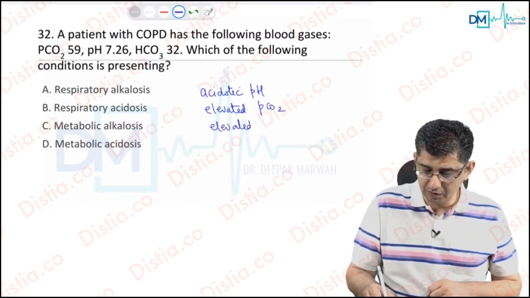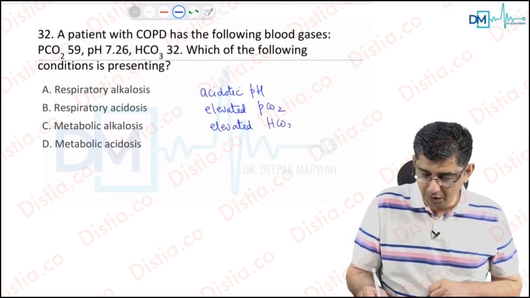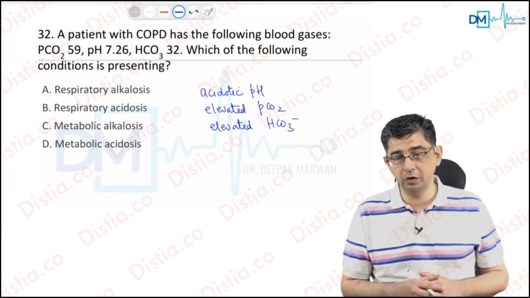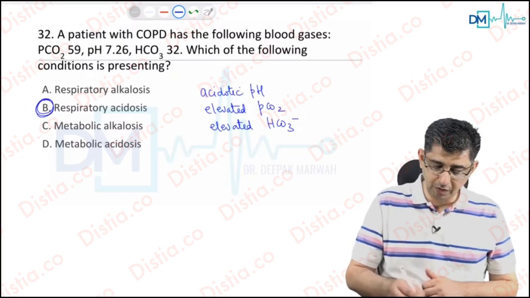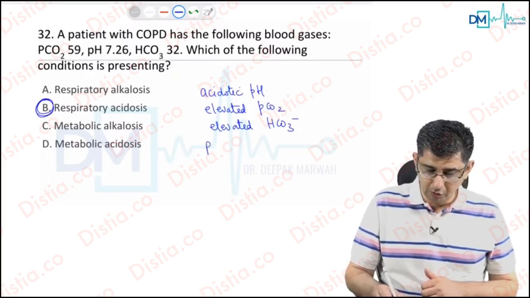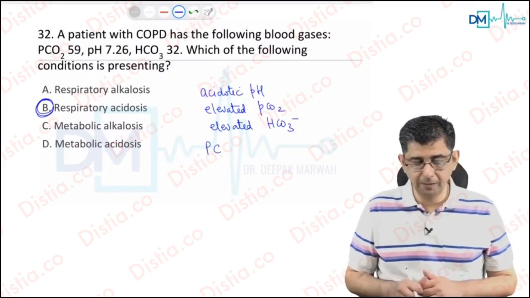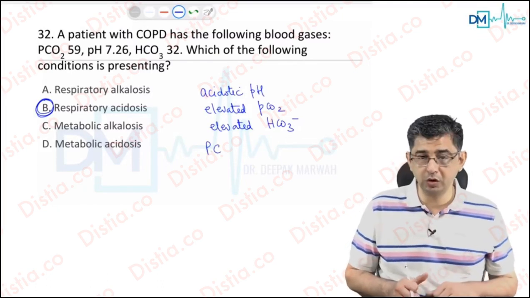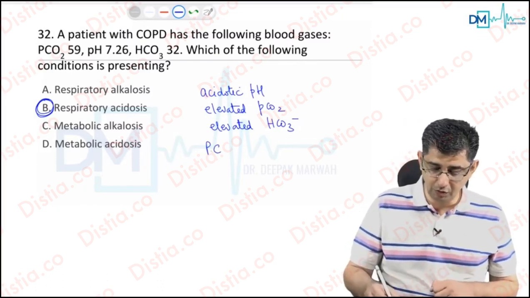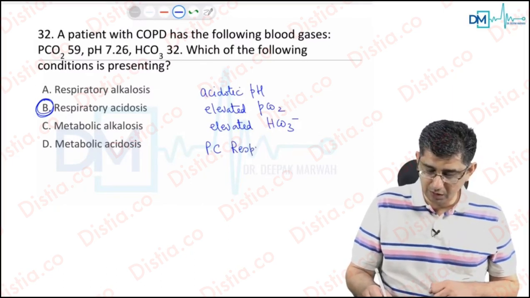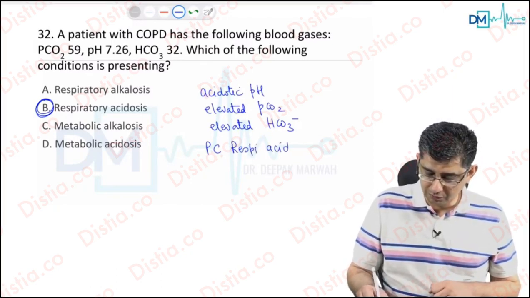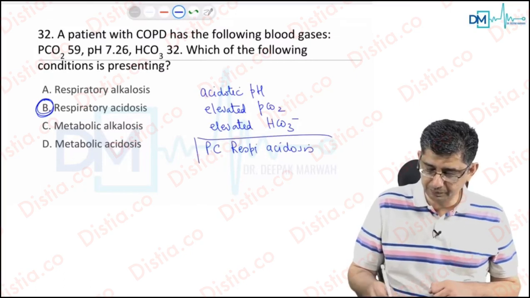This tells me that compensatory mechanisms are kicking in because the kidney is trying to reabsorb bicarbonate. The correct answer to this question is obviously respiratory acidosis. I will call it partially compensated because the PCO2 is not normal and the pH is not normal. Partially compensated respiratory acidosis is the diagnosis for this particular question.